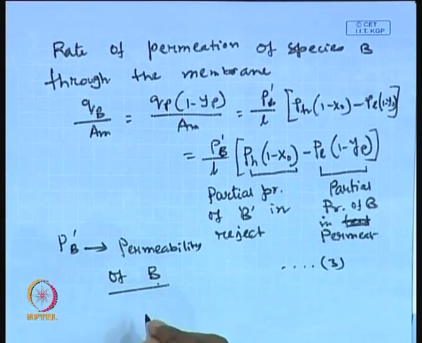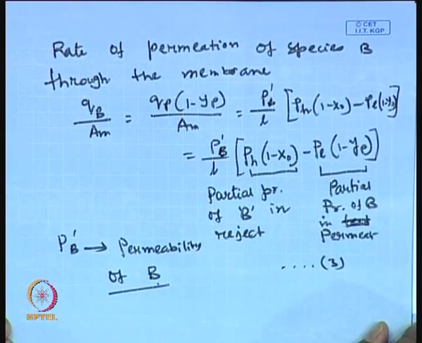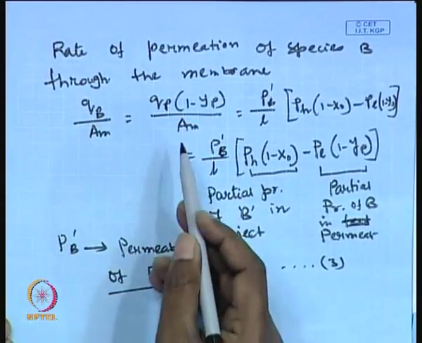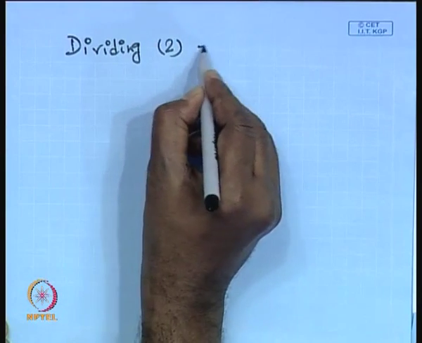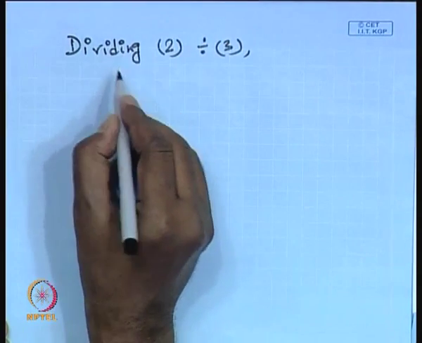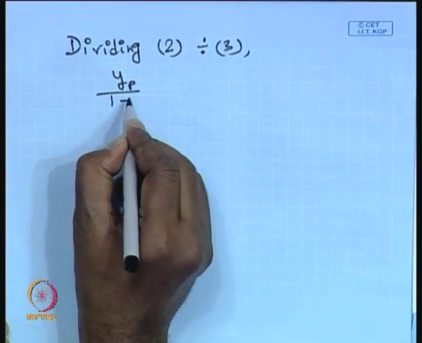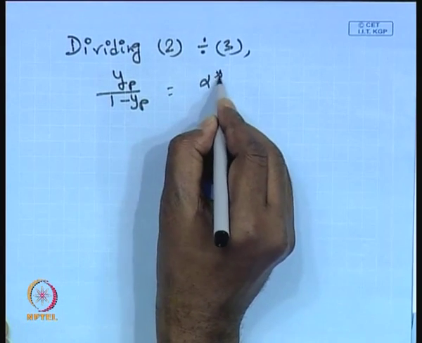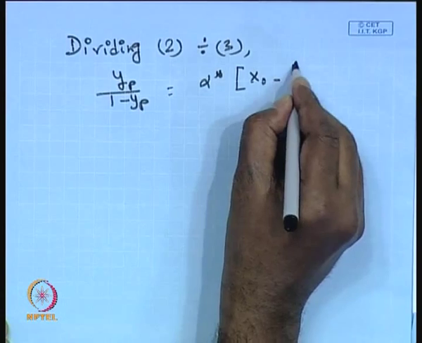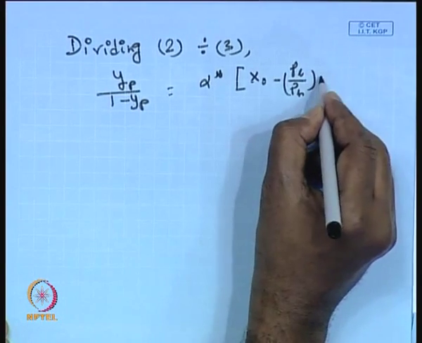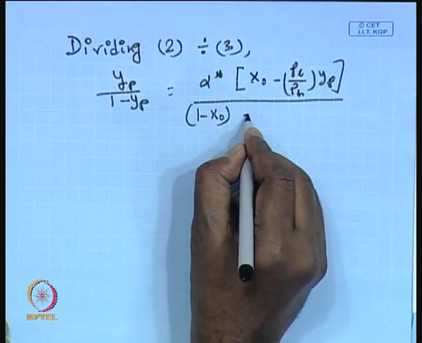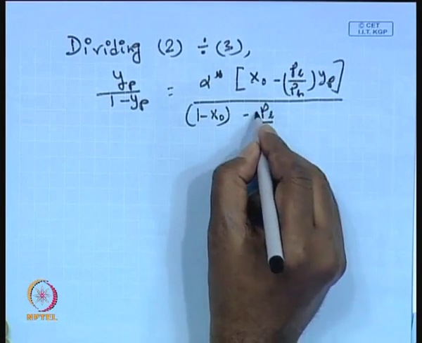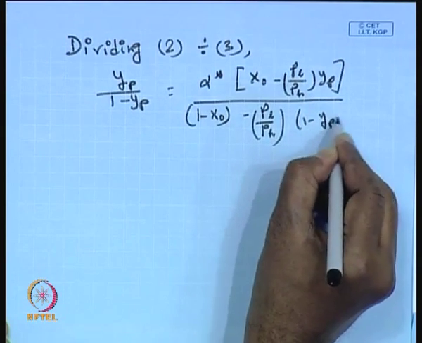Now, what you can do? You can divide equation number 2 by equation number 3, and you will be getting as this QP will be cancelling out, AM will be cancelling out, and what you will be getting, dividing equation 2 by 3, you will be getting YP divided by 1 minus YP is equal to alpha star times x naught minus PL over pH multiplied by YP divided by 1 minus x naught minus PL by pH 1 minus YP.